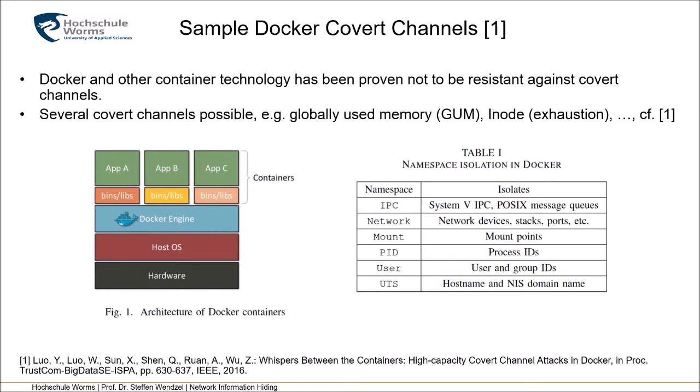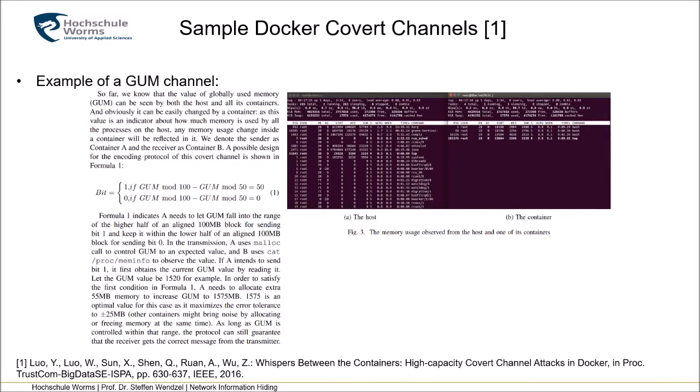I will only show you a very small subset of the covert channels proposed in the paper by Luo et al. in 2016. One that I found pretty interesting is the GUM, or globally used memory channel. In Docker containers you can always see the same amount of available memory that is available to the whole system.